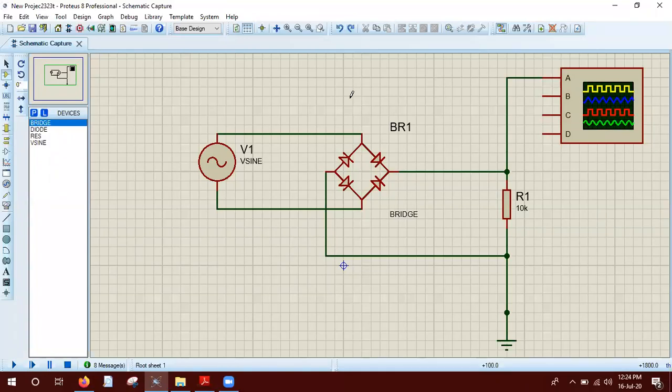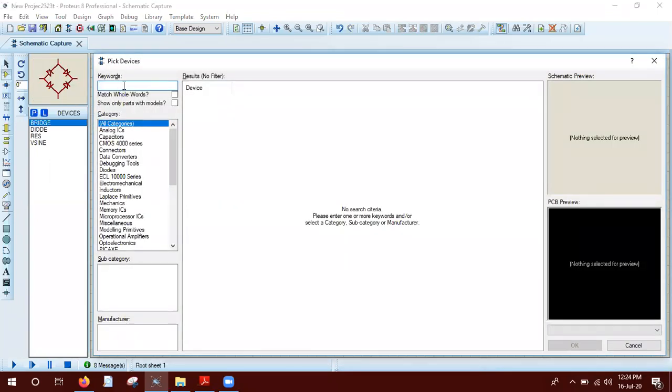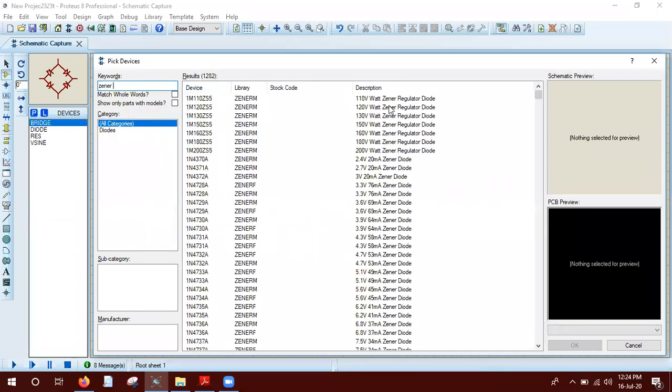Yes, sir. Okay. Now we will show the Zener diode, and next we will discuss an important factor of the Zener diode. Let me first of all go to the pick device and find a Zener diode. So write Zener. You see that interestingly, my student, there is one fixed Zener diode.